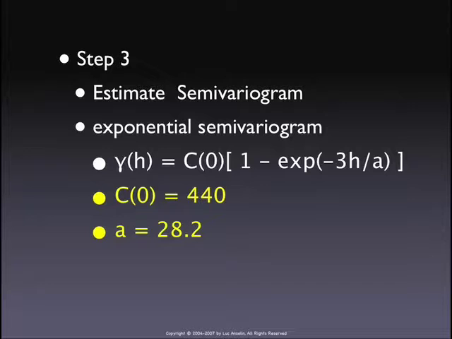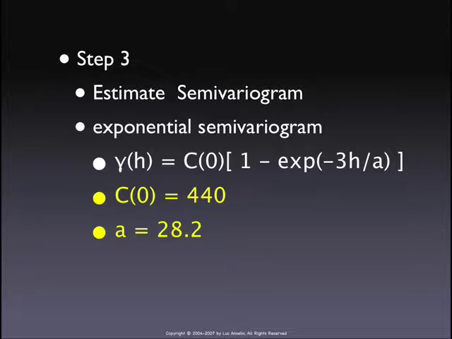And just to make life simple, I'm taking an exponential semi-variogram which has a nugget parameter and a range parameter, and the nugget is 440 and the range is 28.2. Which means that now for any h, this is 440, this is 28.2, so we just plug that in and we get our semi-variance.